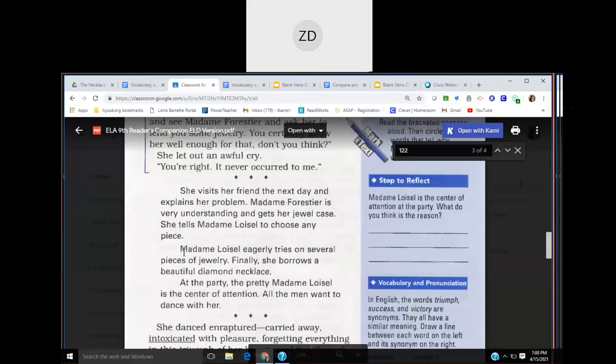Madame Loisel eagerly tries on several pieces of jewelry. Finally, she borrows a beautiful diamond necklace. At the party, the pretty Madame Loisel is the center of attention. All the men want to dance with her.